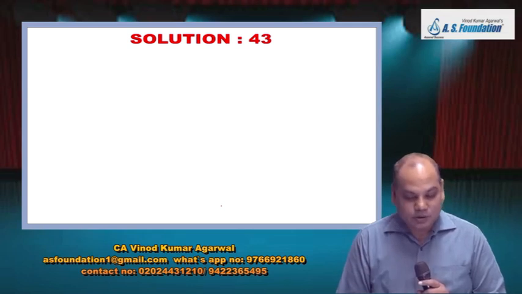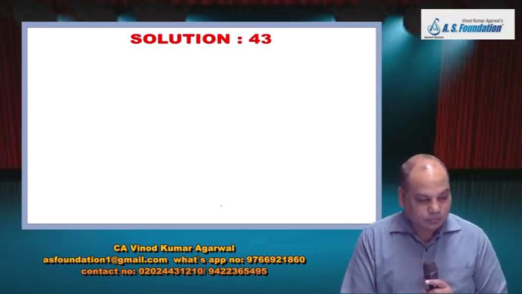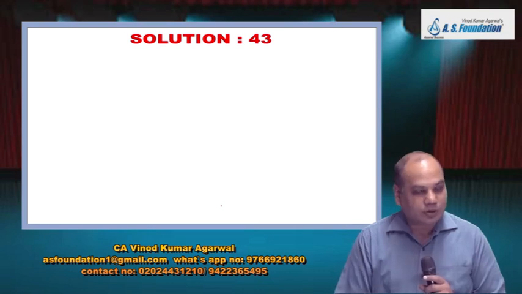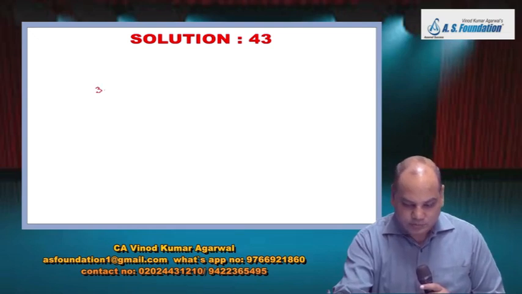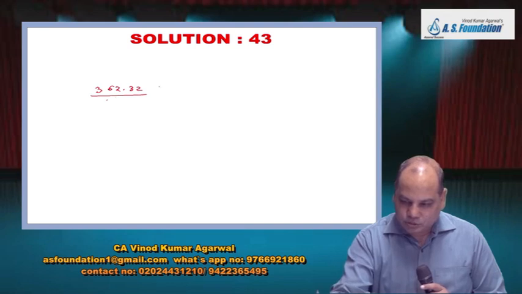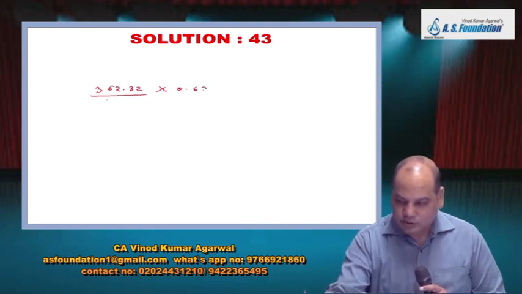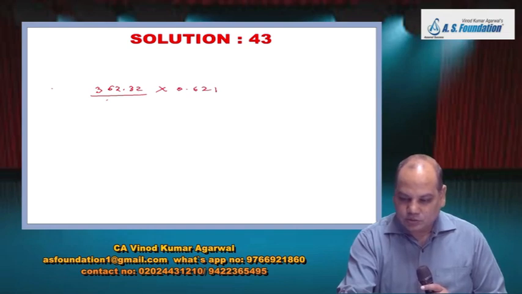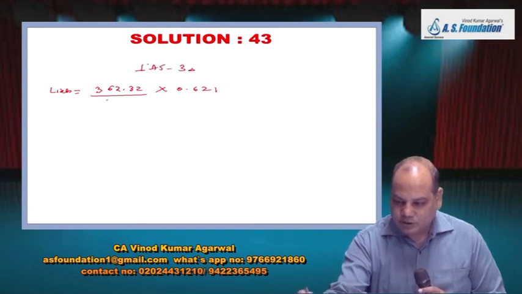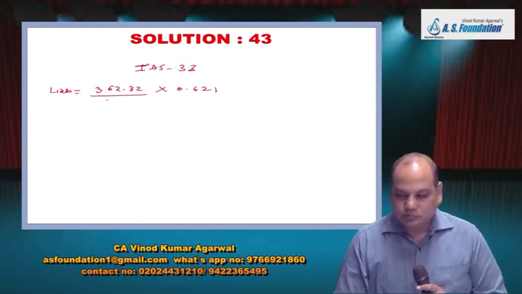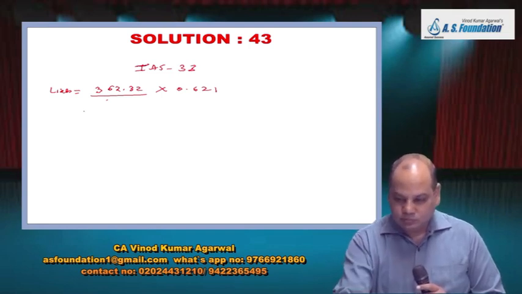So is it a compound instrument? The answer is yes, because there is an option to buy. How much is the present value at 362.32 into factor is given 0.621. So this is the liability component. We are applying IAS 32 here. This becomes a compound instrument. How much is that? 225.